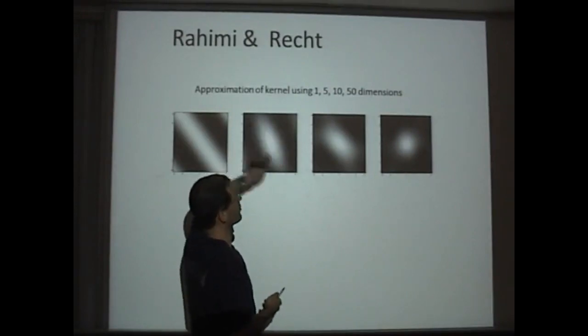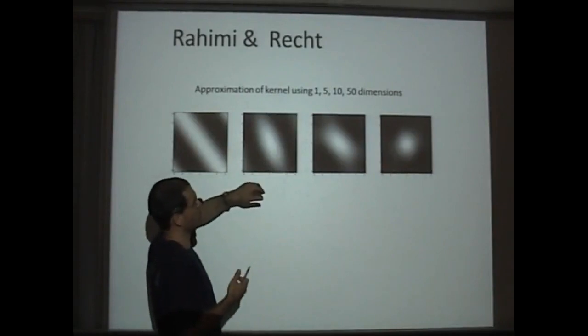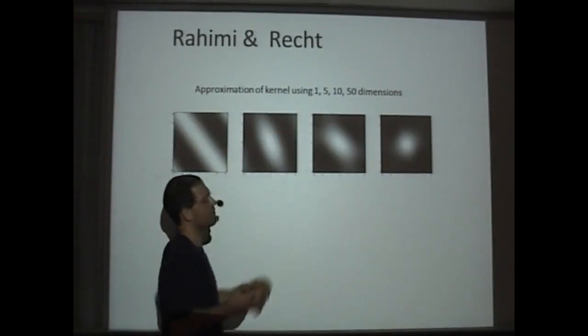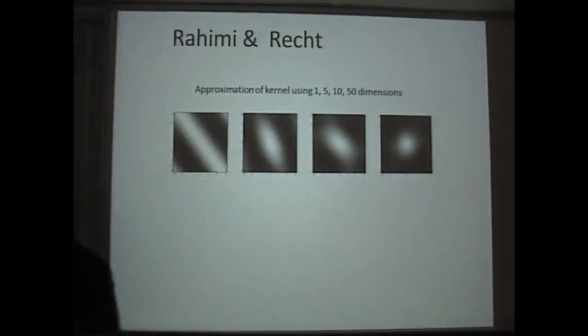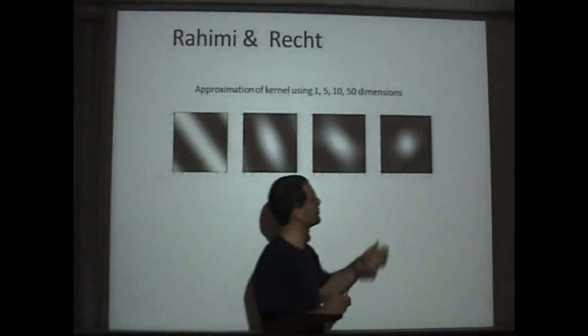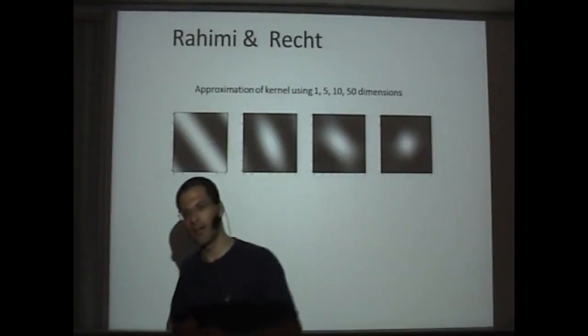And you know what you expect. This should be a perfect isotropic Gaussian, and this is what we find empirically. In this case, I had to map to something like a 50-dimensional space in order to get a good approximation.